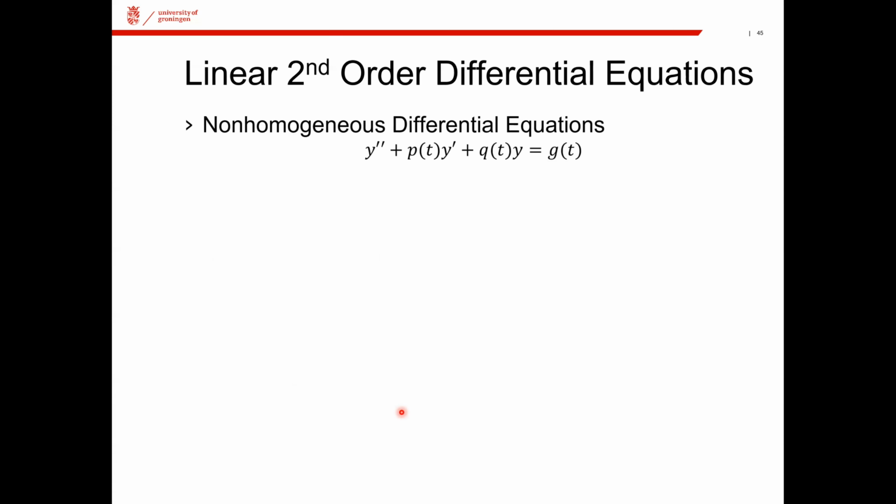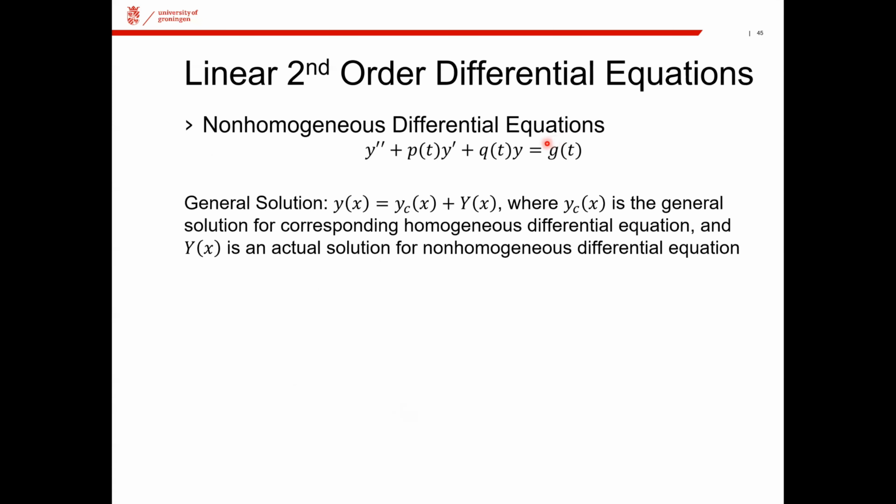And then the non-homogeneous differential equation. So basically we have the gx on the right side. So the general solution is yx equals ycx plus the capital Yx. Here ycx is the general solution for the corresponding homogeneous differential equation, and Yx is an actual solution for the non-homogeneous differential equation.